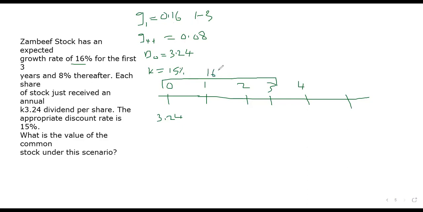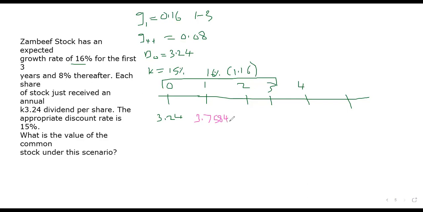So 3.24 times 1.16, what are we getting for year 1? We're getting 3.78, or to be precise, 3.7584.